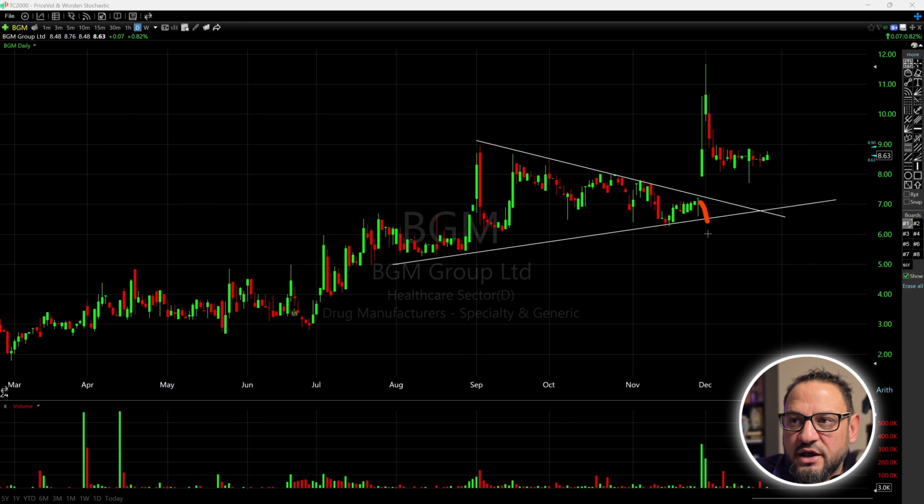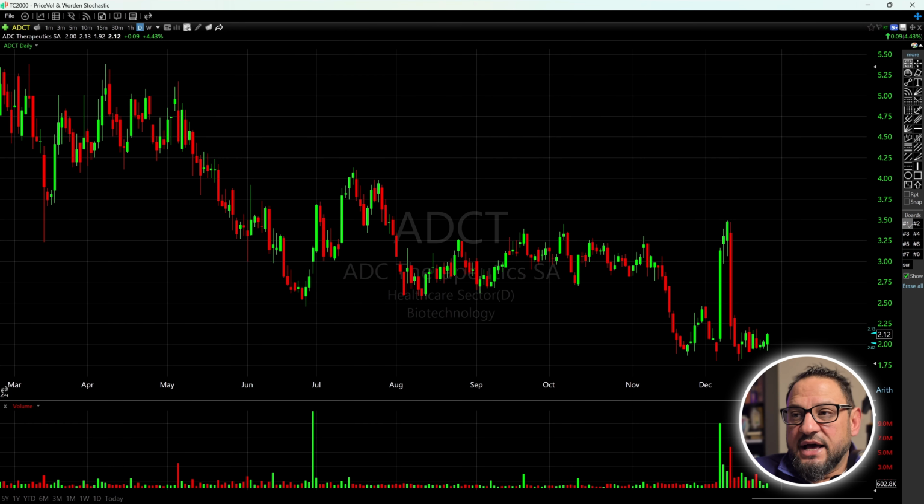So if it goes down below this, the sellers will dominate. But in this case, the bulls dominated here, and they made a nice move. That's a 30% move pretty much of the whole stock. That's a huge move. If you catch a part of it, you made good money. So that is another example of a symmetrical wedge pattern.